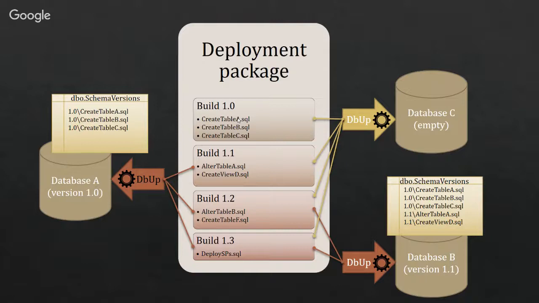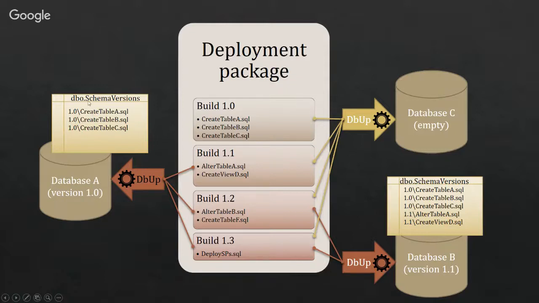Every package has a build inside, which in turn comprises several scripts. In this case, build 1.0 would not be deployed to database A because this database already has version 1.0.